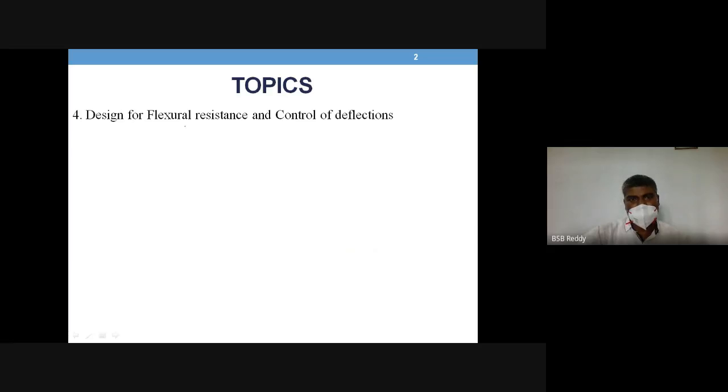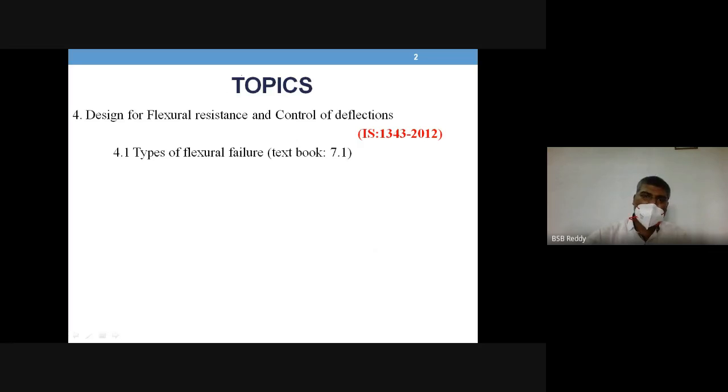If you want to see the contents in detail, we'll talk about types of flexural failures. I have mentioned where it will be available in your prescribed textbook by N. Krishnaraju.